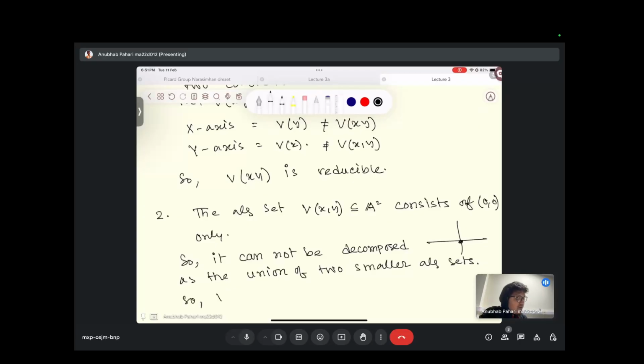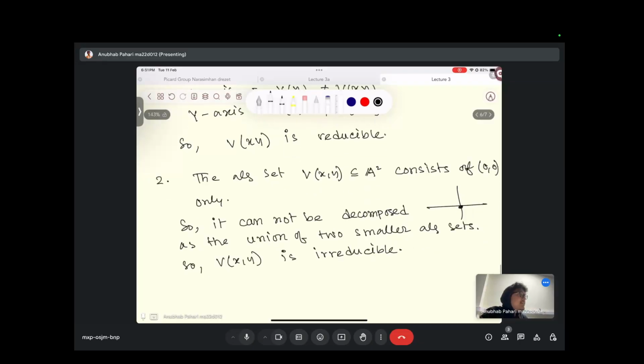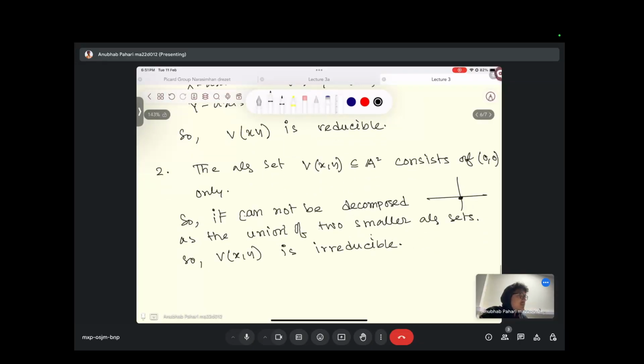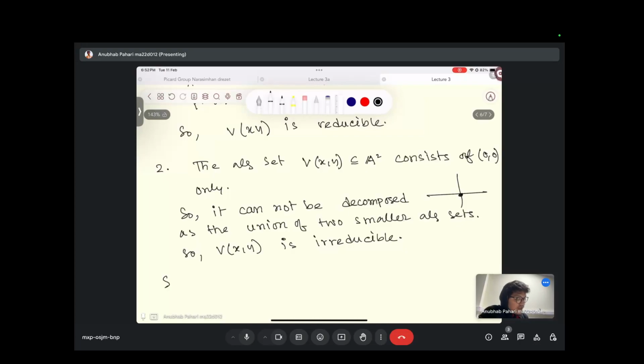So V(x, y) is irreducible. Similarly, one can generalize this: a point is always irreducible.